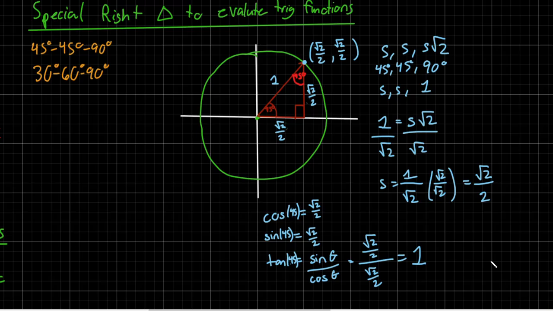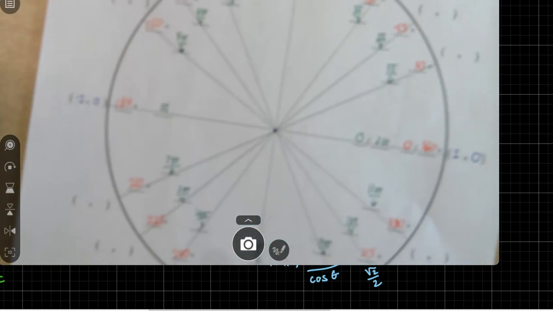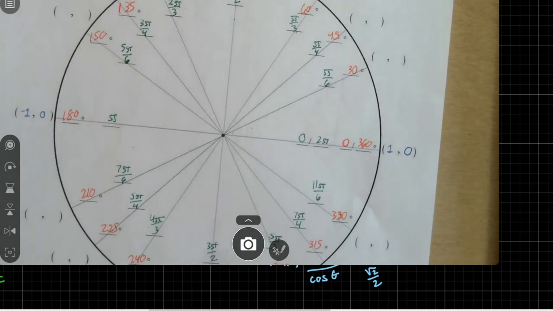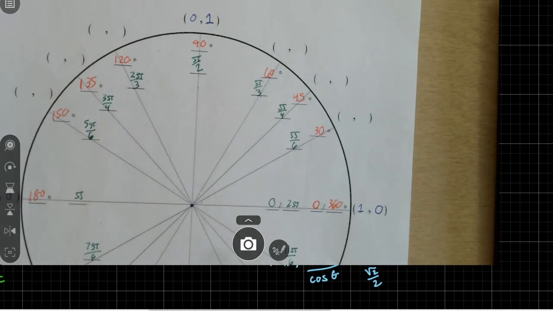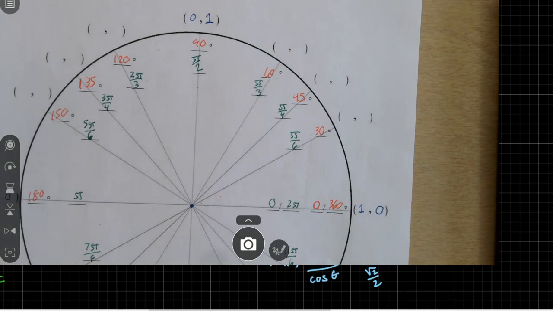Okay, let's fill this in with our unit circle. Grab your unit circle. So how much was our reference angle when we were doing that? In a 45, 45, 90, what was our reference angle?